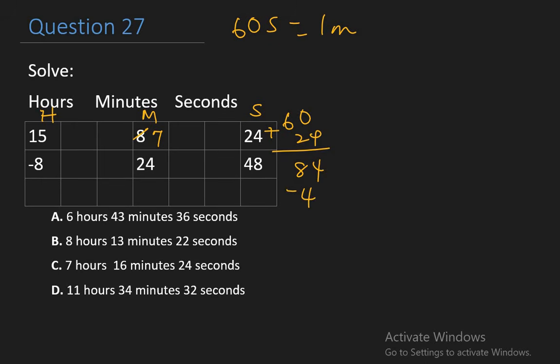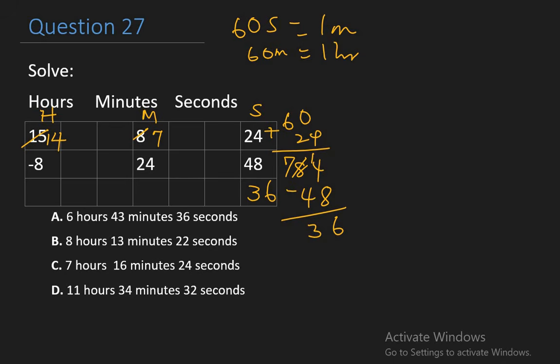So 84 seconds minus 48, what will it give you? Borrow 1 here, 7. Put it here, 14 minus 8, 6. 7 minus 4, 3. That's 36 seconds. So the minutes column, 7 minutes minus 24 cannot go. Borrow 1 from 15. You will be left with 14 hours. 60 minutes make 1 hour.